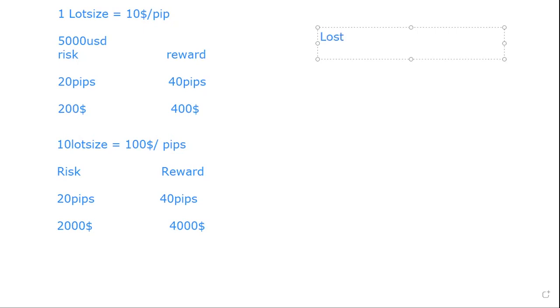Their stop loss was hit, so I can just write lost, stop loss hit, taken out. If their stop loss was hit, the first trader, who was using a lot size of 1 lot, will lose $200, meaning the capital of his account will remain at $4,800.